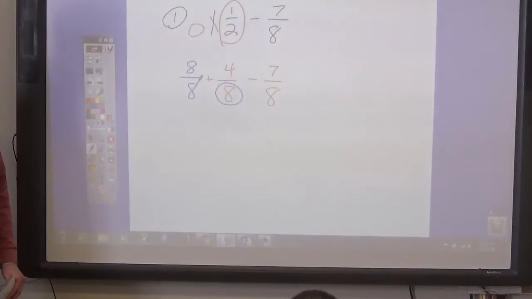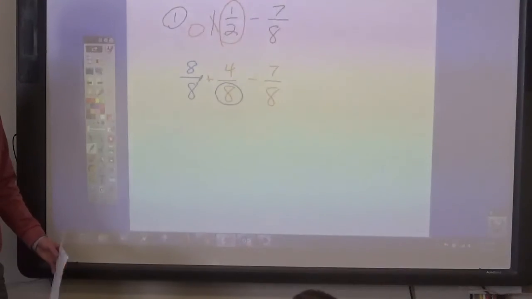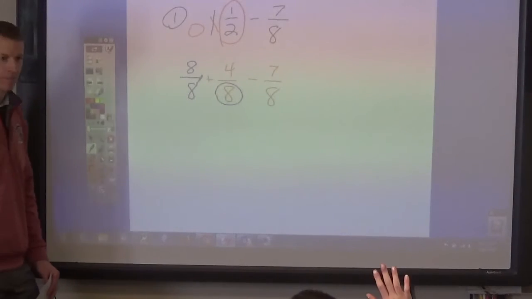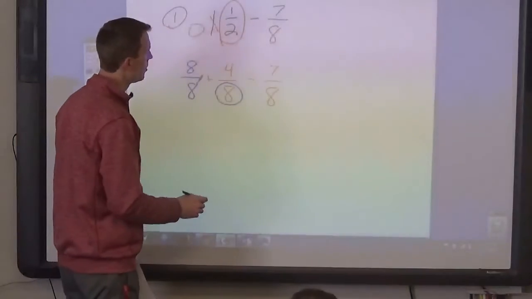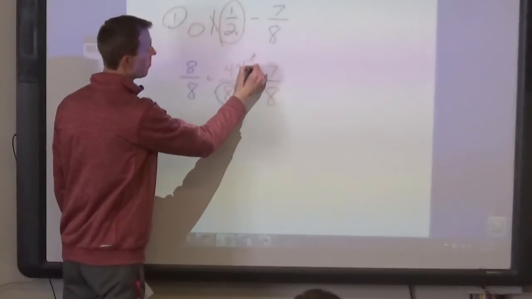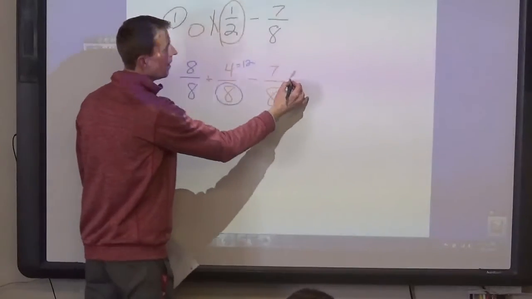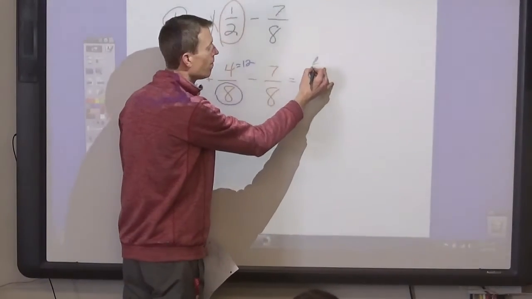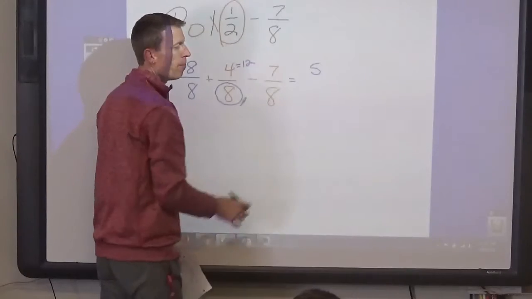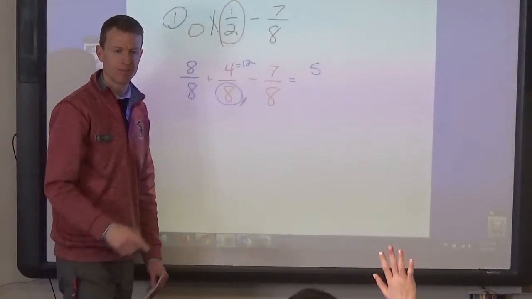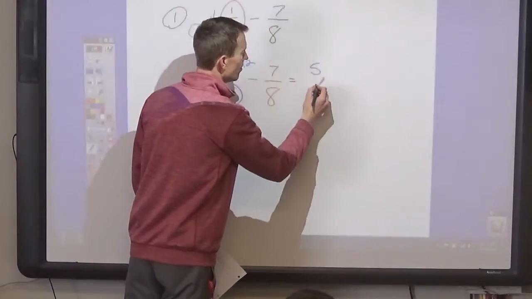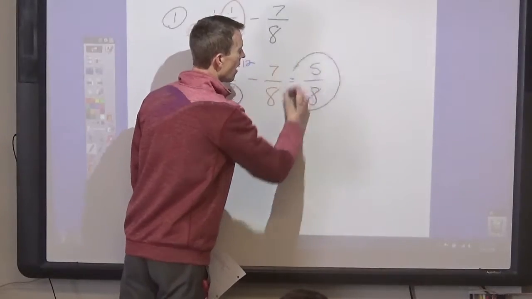Okay? Now we have a total of how many? Bethany? 12. 12 minus 7 is 5. How big are they? Eighths. So this is 5/8.